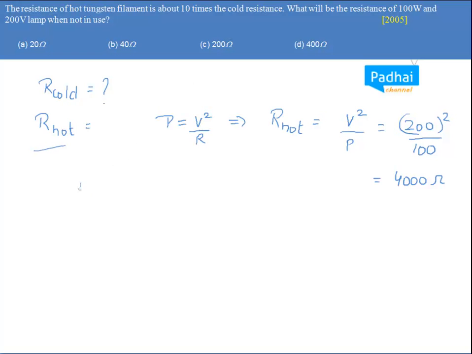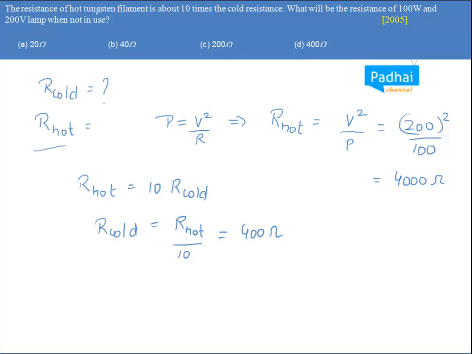So R hot is equal to 10 times R cold. So R cold will be equal to R hot by 10. So this will be equal to what? 400 ohms. So that means option D is correct.